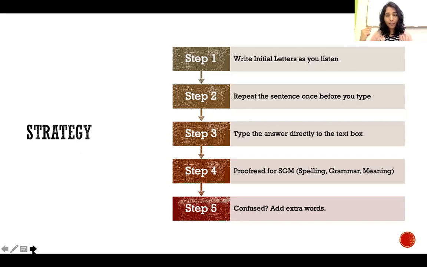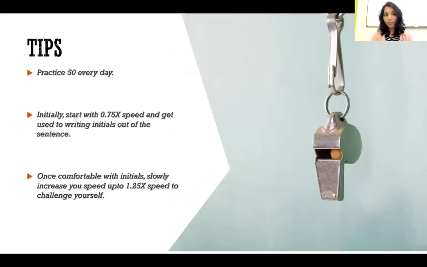While you're writing the first letter of every word, repeat it as you write so that it doesn't drop off your head, okay? And then complete that sentence and type it into the box that's given, right? So let me show you how this is done.